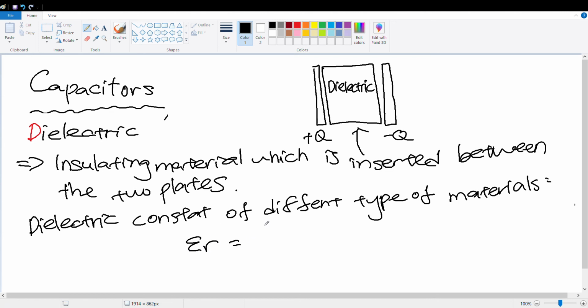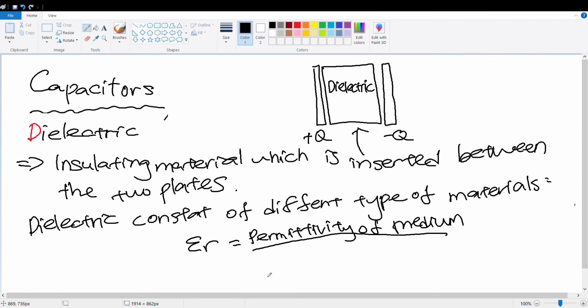So epsilon r is equal to the permittivity of medium divided by the permittivity of free space. So I repeat again, this epsilon r is the dielectric constant. So the dielectric constant is equal to the permittivity of medium divided by the permittivity of free space.